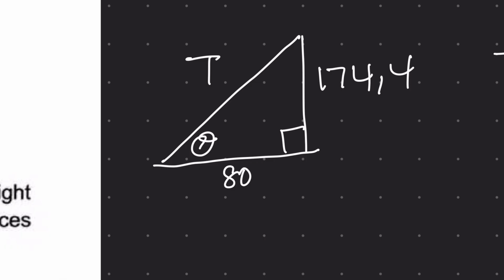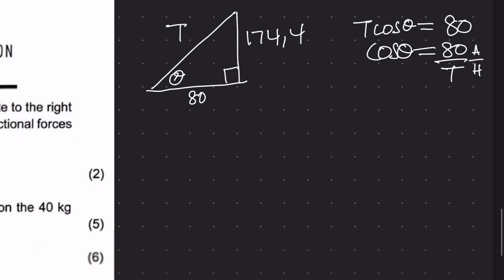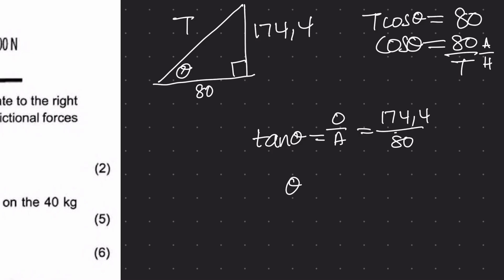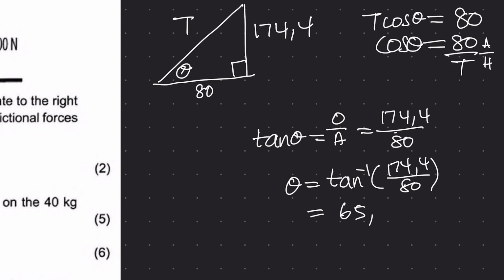Now even though we don't know the value for T, we can still work out theta by using tan. We can say tan theta is equal to opposite over adjacent, so 174,4 divided by 80. Then we can say that theta equals the inverse tan of 174,4 over 80. We put this in our calculator and we get an angle of 65,36 degrees.